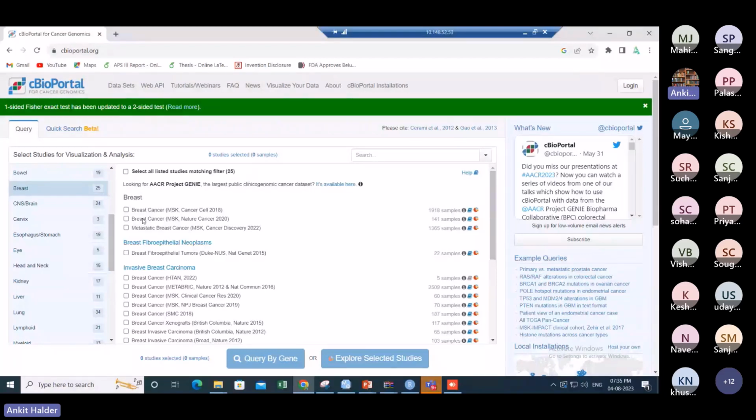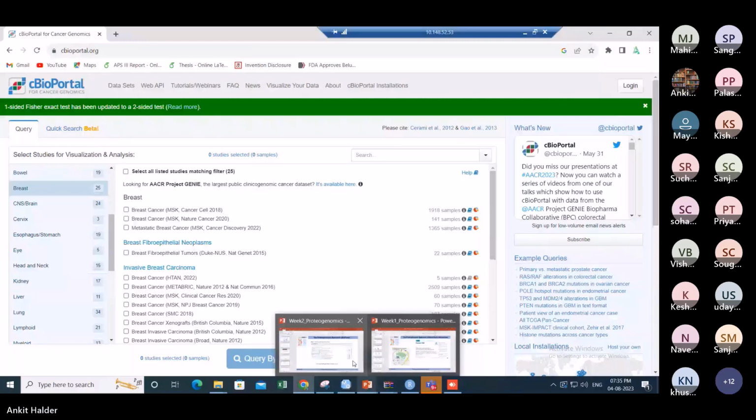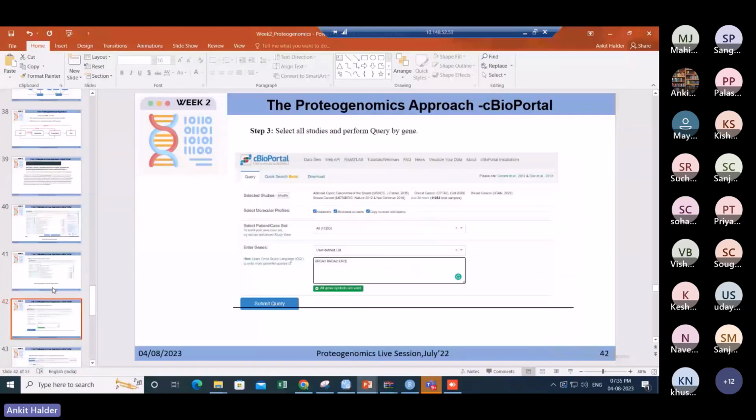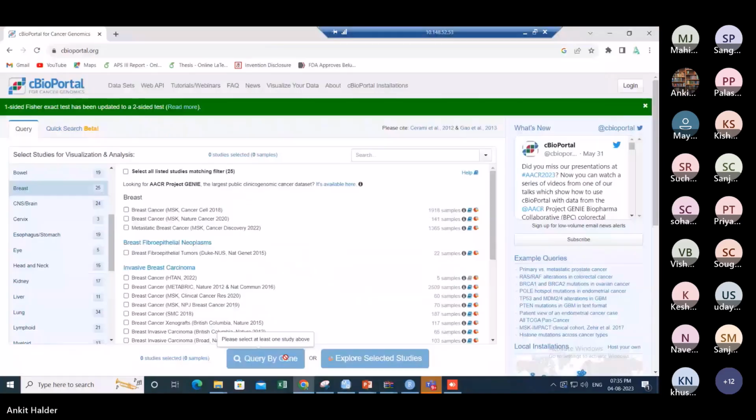So now we will select one particular study. Let us select any one study. There are two options you can see: one is query by gene, and the other is explore selected studies.